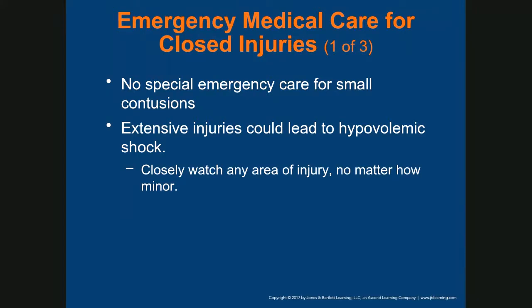Wherever you see discoloration on the patient's body, think about what is underneath that area. If you see bruising and discoloration on the chest, you know that the lungs are under that area, the major blood vessels, the heart. You have to think about the structures underneath that part of the body and how vulnerable these structures are.